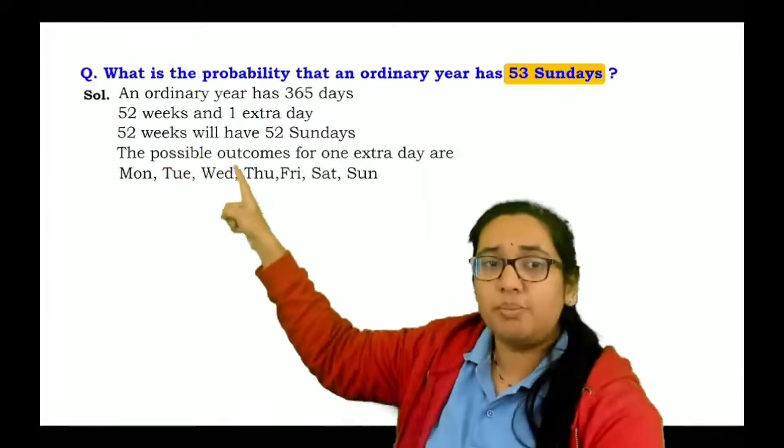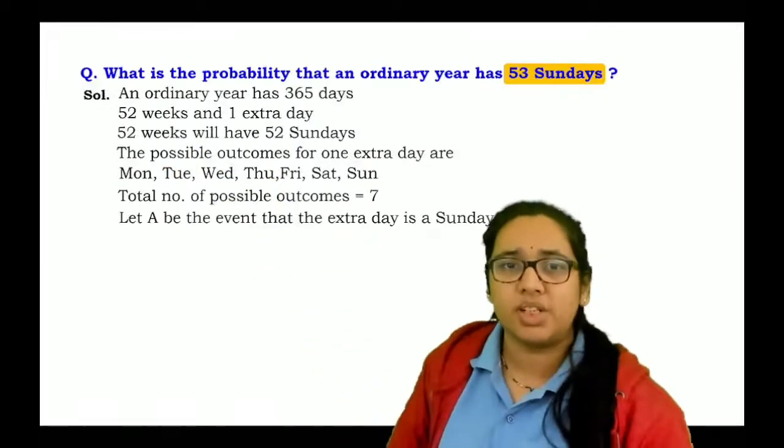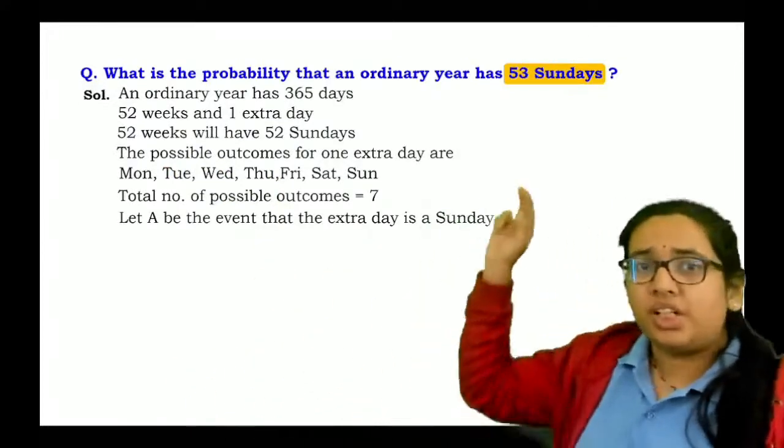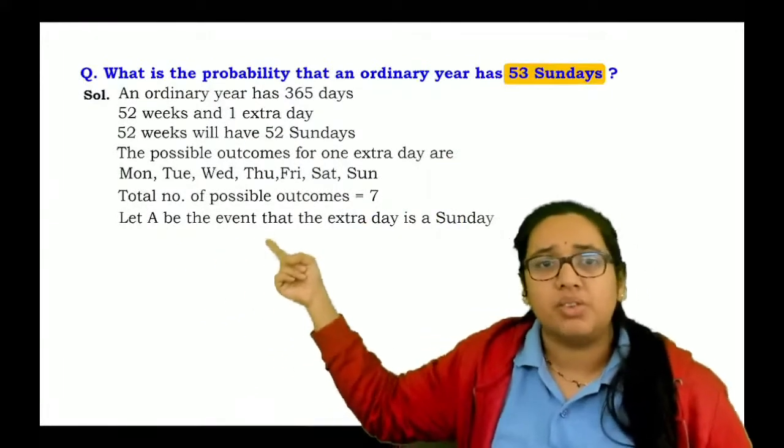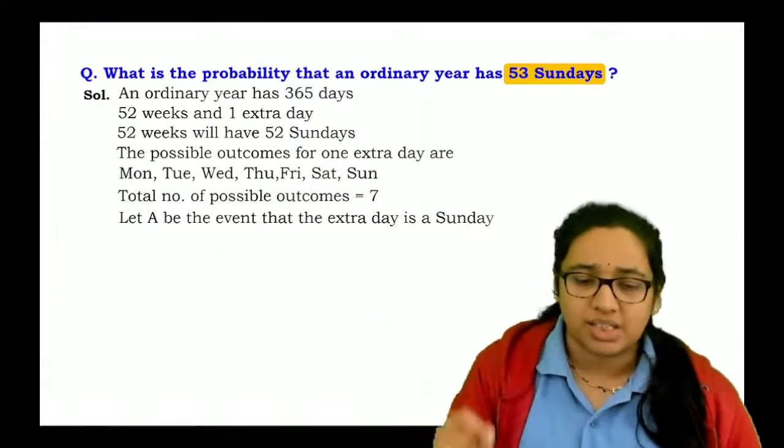It means that the number of possible outcomes will be 7 here. But we have to consider that there should be 53 Sundays. Hence, we'll check. Let A be the event that the extra day is Sunday.